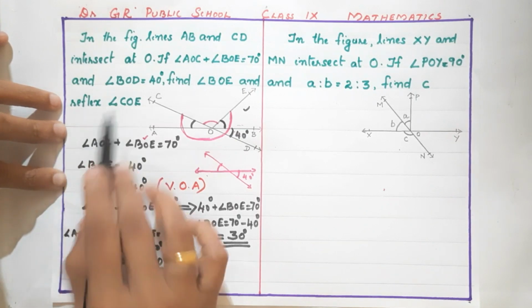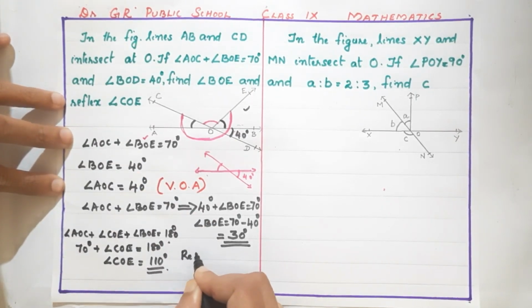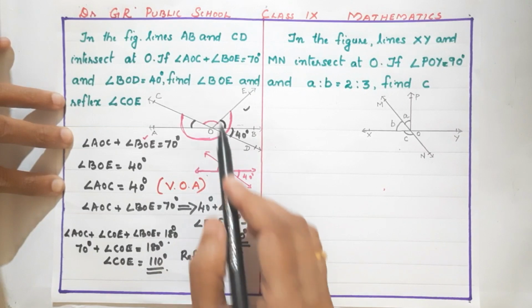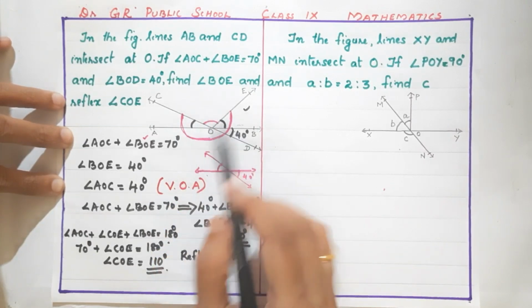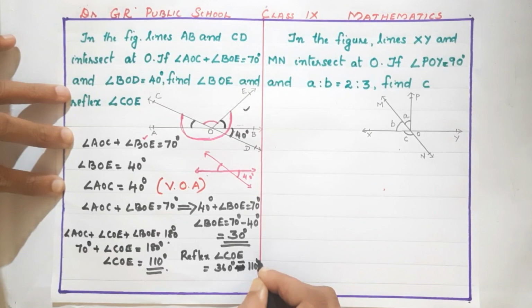Now we need reflex angle COE. So reflex angle COE equal to, what do we have to do? From 360 we have to subtract this 110. So 360 degrees minus 110.